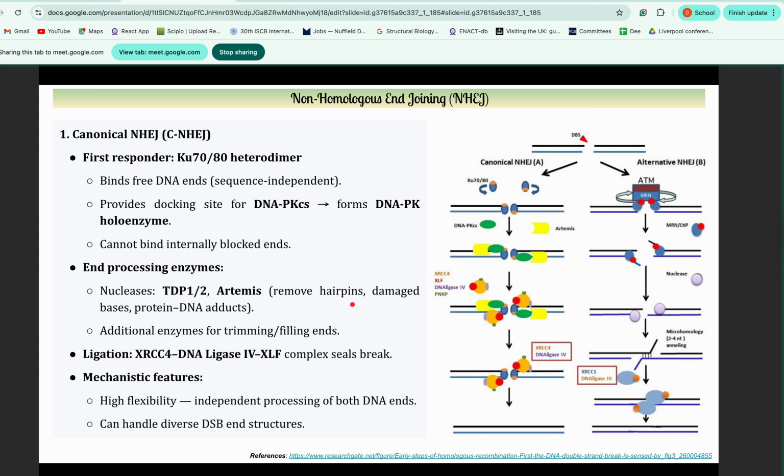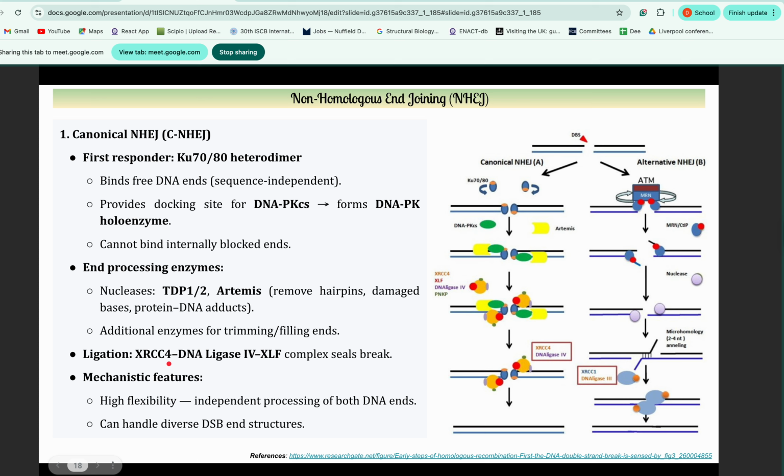Because it will remove the hairpins, or if there are some protein DNA adducts present, it will remove all of them, and then ultimately we will ligate it, because in this case we do not have the homologous sister chromatids, so there is no need of strand invasion or anything. We will simply join them together after the ends are cleaved.